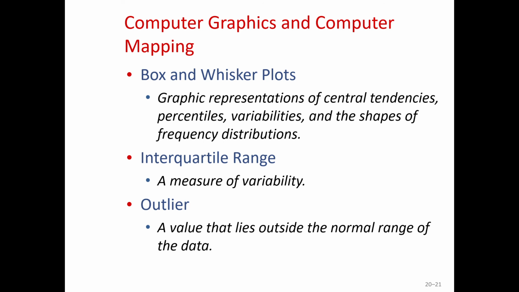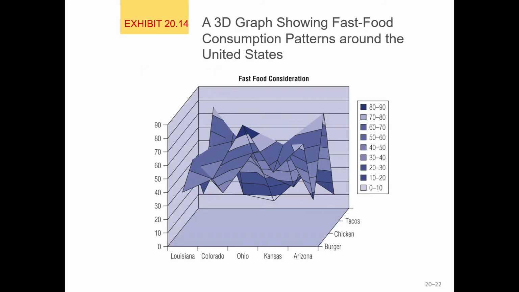A measure of variability is called the interquartile range, but the term is less common and the plot is less complex and more descriptive. The location of the line within the box indicates the median. The dashes that extend from the top to the bottom of this box are the whiskers, and each whisker extends to either the length of the box or to the most extreme observation in that specific direction.